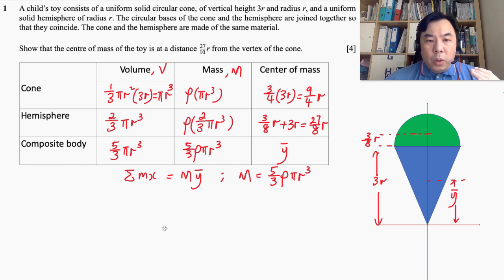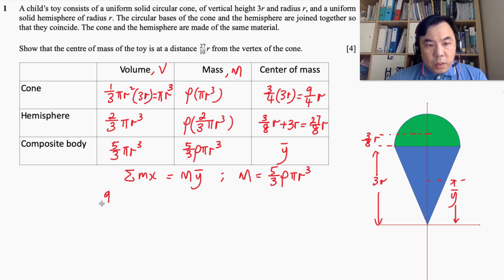Now, what is left for us to do is very direct. All we need to do is just substitute all the information that we have at this point of time. So, for the first rigid body component, the cone itself, we take the mass, multiply with its center of mass with respect to the vertex itself. Now, I'm going to simplify that directly so that it's easier for us.